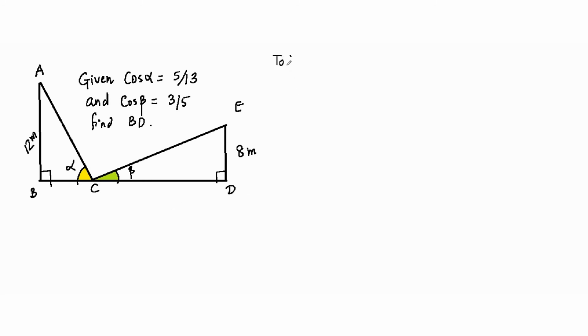Now to find the length of BD, I am going to split BD into two parts. One is going to be BC and the other is going to be CD. Now to find the length of BC, I am going to consider triangle ABC first. It is given that cos alpha is 5 upon 13. So what is cos alpha?